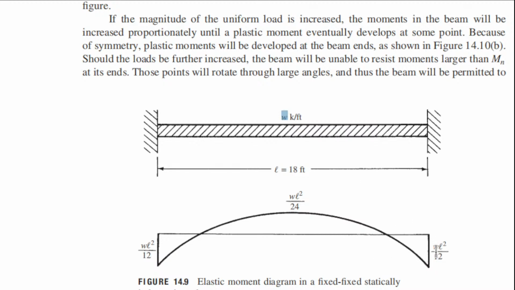What will happen here? It will increase, because this is constant. L squared over 12 is constant. So, a proportional increase will happen in this portion at the support.